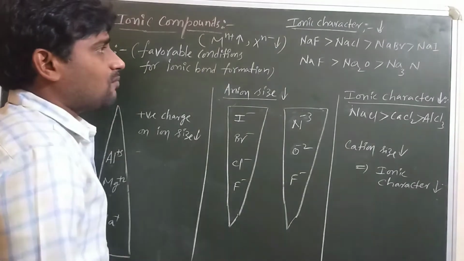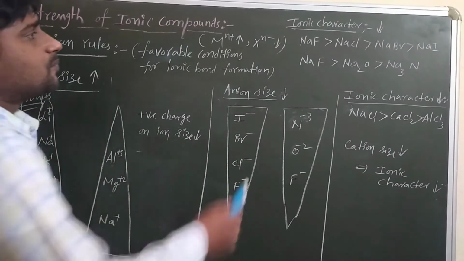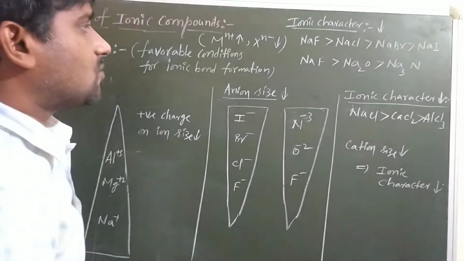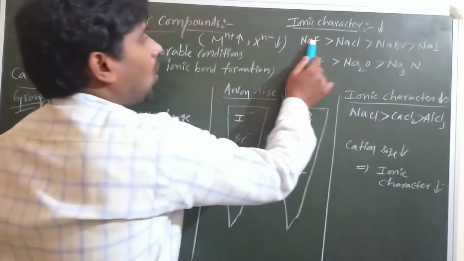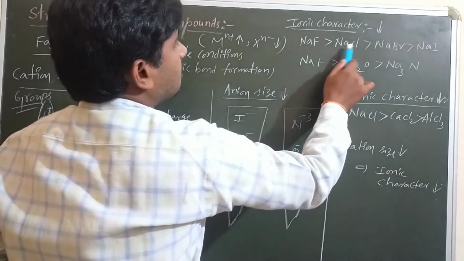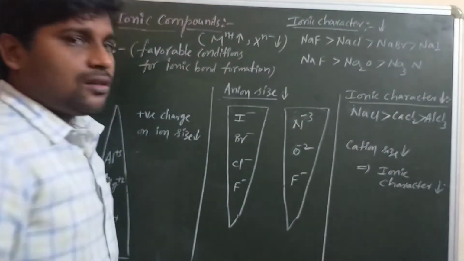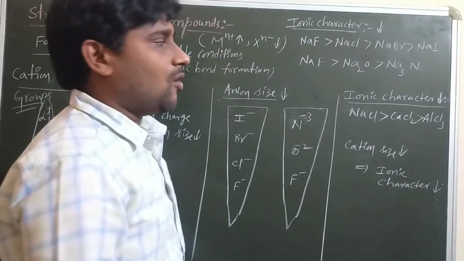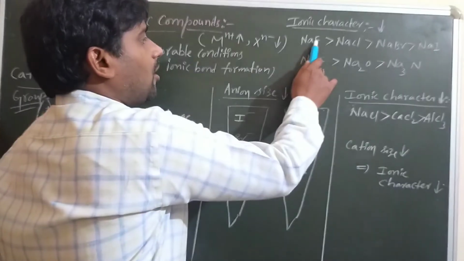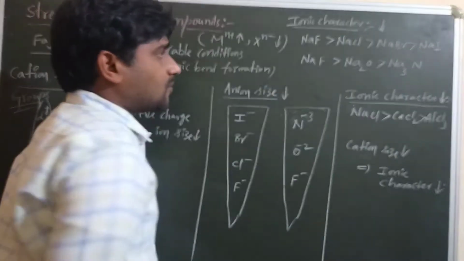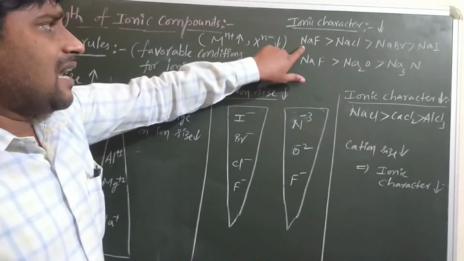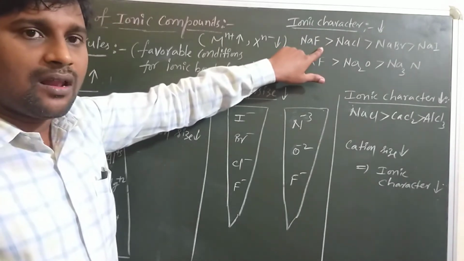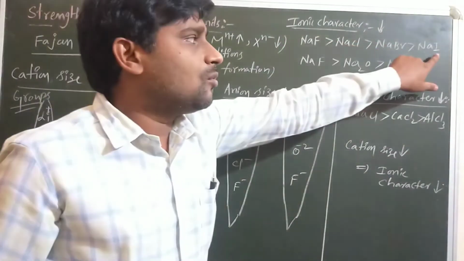So let us take some examples for a better understanding of how ionic character will decrease or increase. Here, in NaF, NaCl, NaBr, NaI, sodium is the common ion, that means Na+, whereas fluoride, chloride, bromide and iodide ions differ. So the cationic size is the same, but the anionic size increases from fluoride ion to iodide ion.